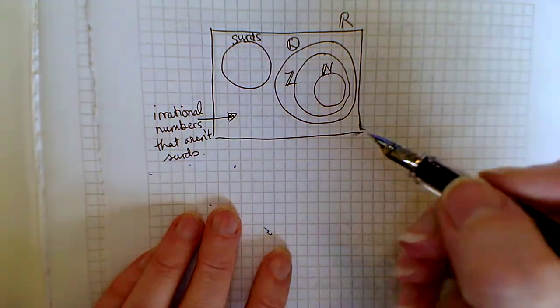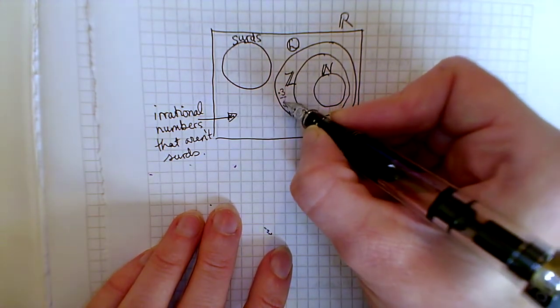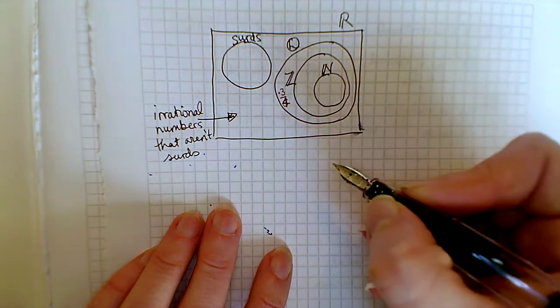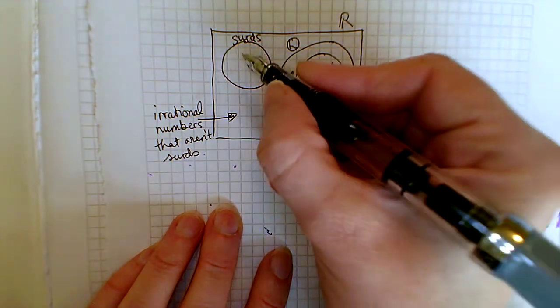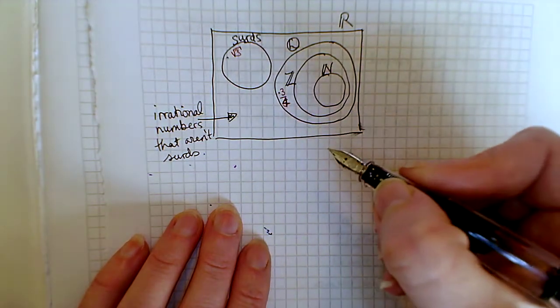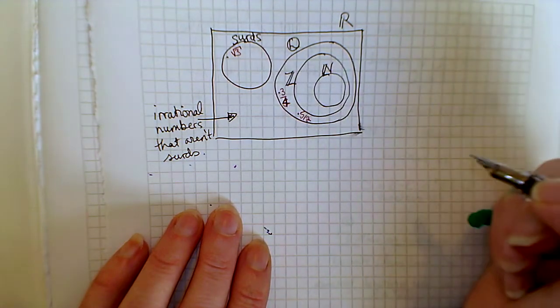So A, 3/4 is a rational number, but it's not a whole number. B, the square root of 3. It's irrational, and it has a root. C, 5/2. I should have given a bit more space.